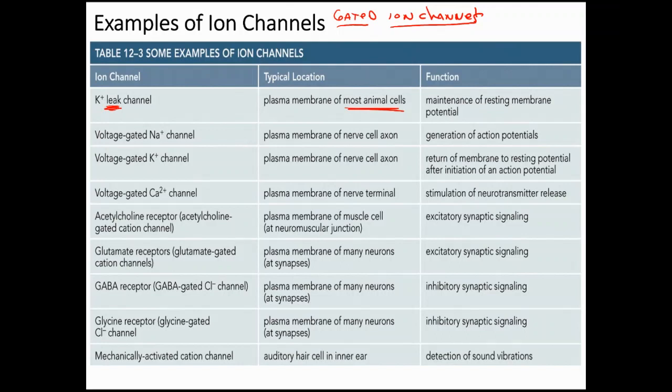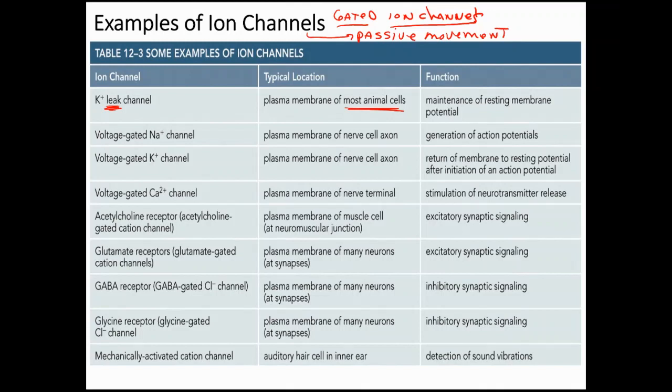Because remember, channels, whether they're gated or not gated, always involve passive movement of whatever ion that they are characteristic for. All right, so the most famous leaky channel is the potassium channel in the plasma membrane of animal cells. All right, so just keep that in mind. And that's not a gated channel.